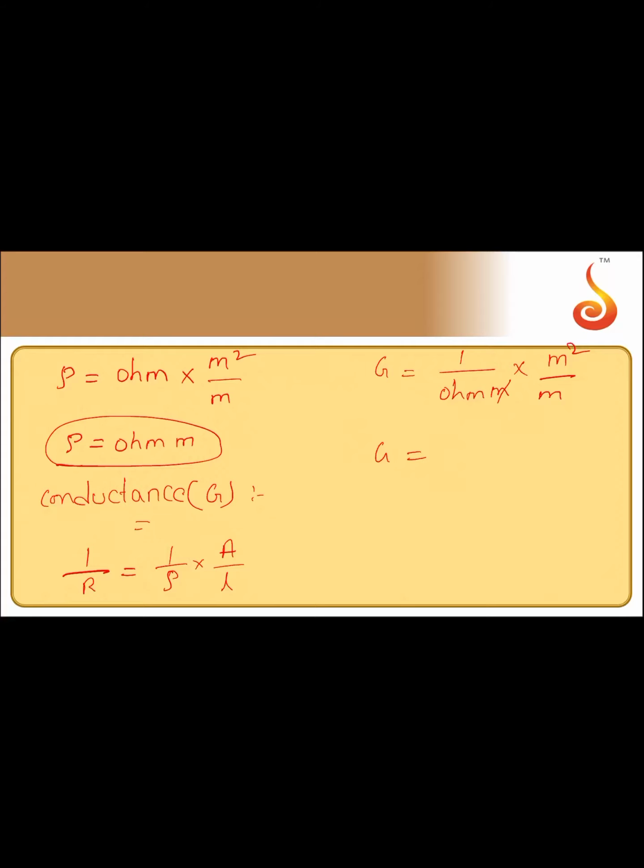So G is equal to 1 by ohm, the meter units cancelling, which is ohm inverse or mho. The SI unit of conductance is Siemens, symbol S, which is equal to ohm inverse or mho. That is the unit of conductance.